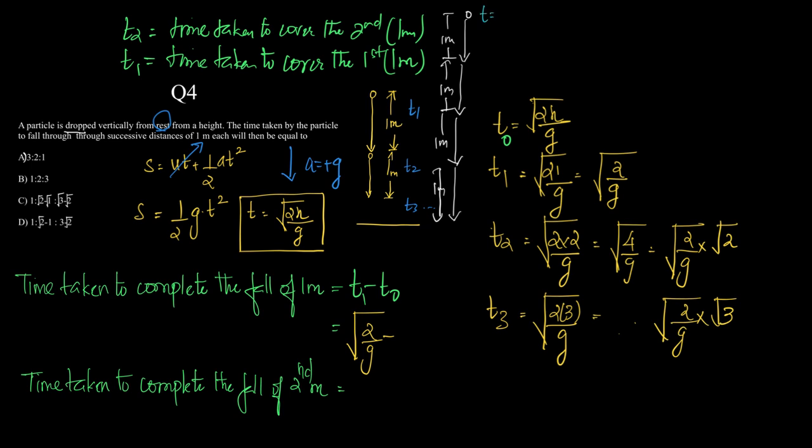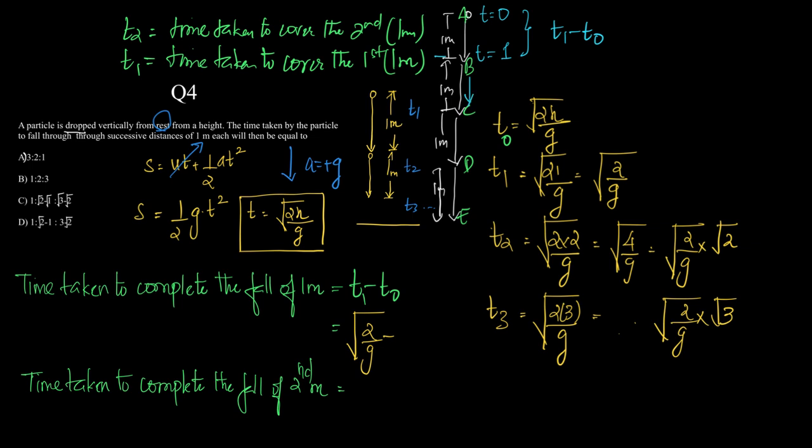This was at t is equal to 0 and this is at t is equal to 1, which means the duration in which it was in the air to reach this position, it's better that I name them also. So this is A, this is B, C, D and D. The time duration which it took to reach from A to B is basically t1 minus t0, right?